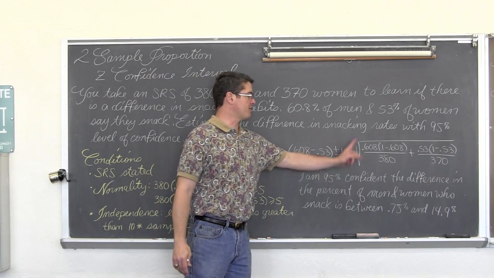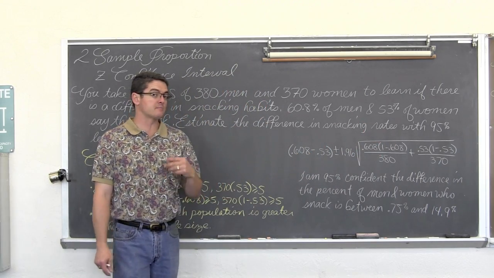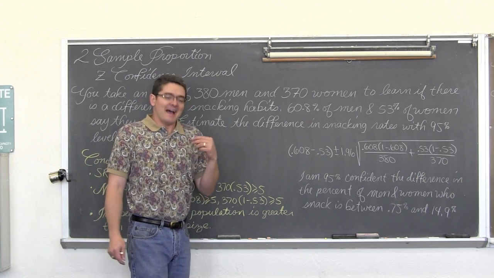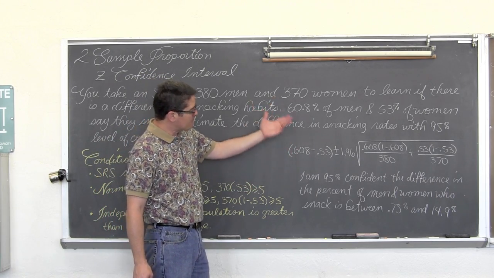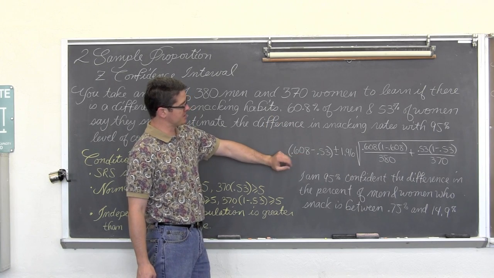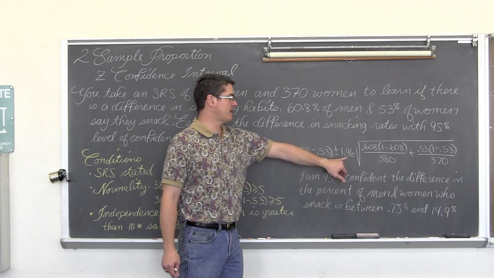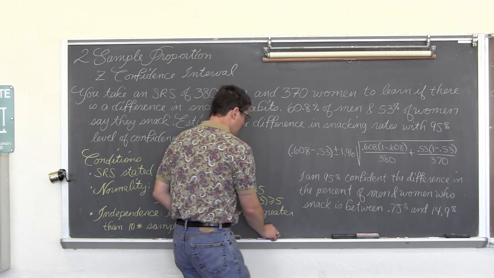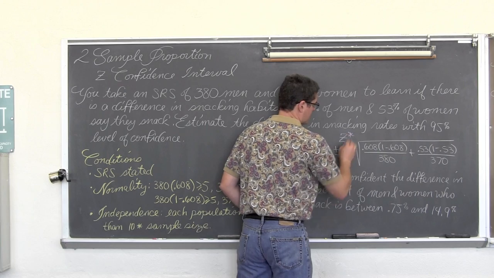Estimate plus or minus critical value times standard error of the estimate, since we're doing a confidence interval, and its purpose is to estimate the population proportion. So we observed some p-hat values, our sample proportions of 0.608 minus 0.53, plus or minus our critical value. Again, let's just stress over and over again that we do not do t-scores here.